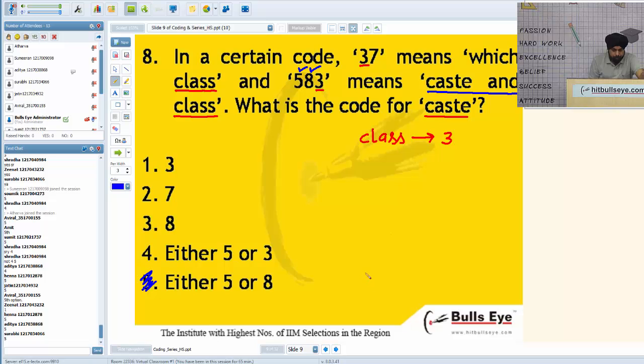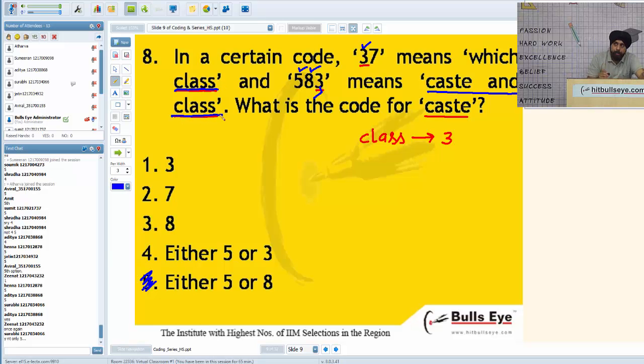So moving on, students. It was just Zinat. The number common is the digit 3, you can see here, and the common word is class in this as well as in this, right? Because 5 and 8, there are two code values left, Surbhi, and there are two words left, caste and and.